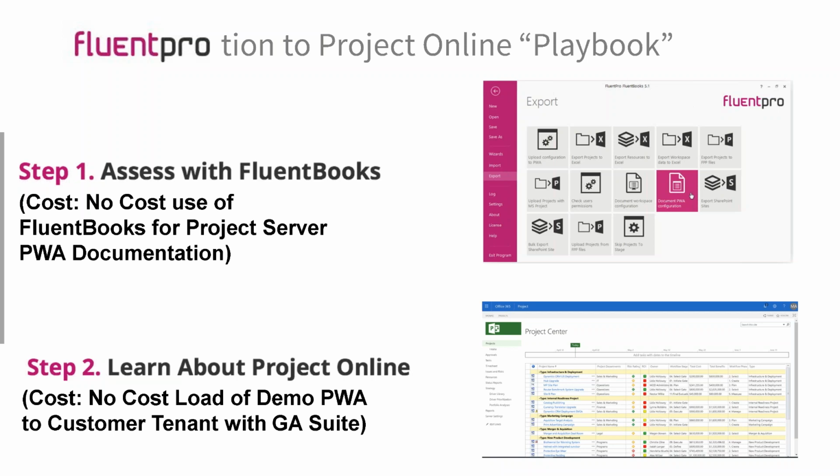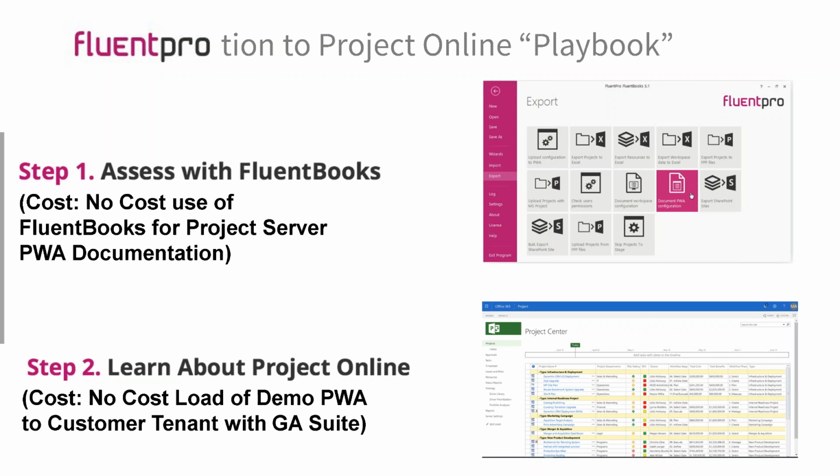The second is, if you haven't been exposed to Project Online, we are also offering the ability to use GA to create a demo sandbox with the Microsoft demo data in the customer tenant. I want to be very clear, this is for customers to have a sandbox in their own Office 365 tenant.